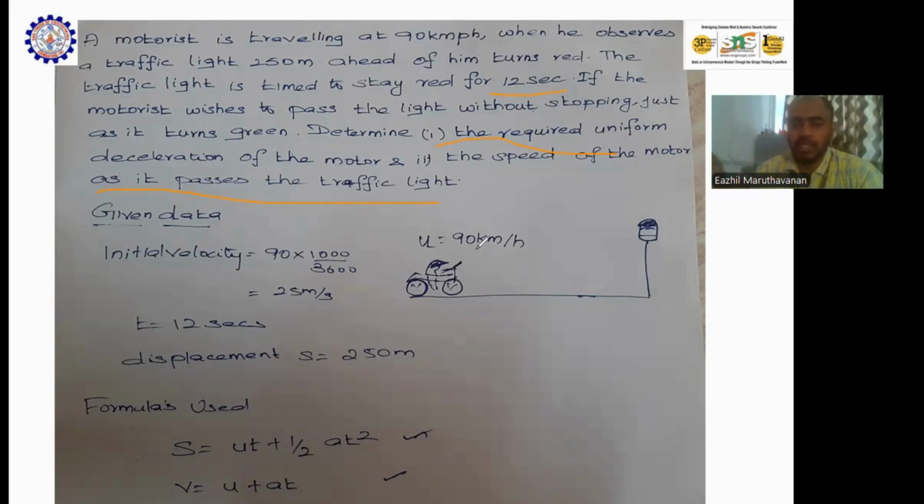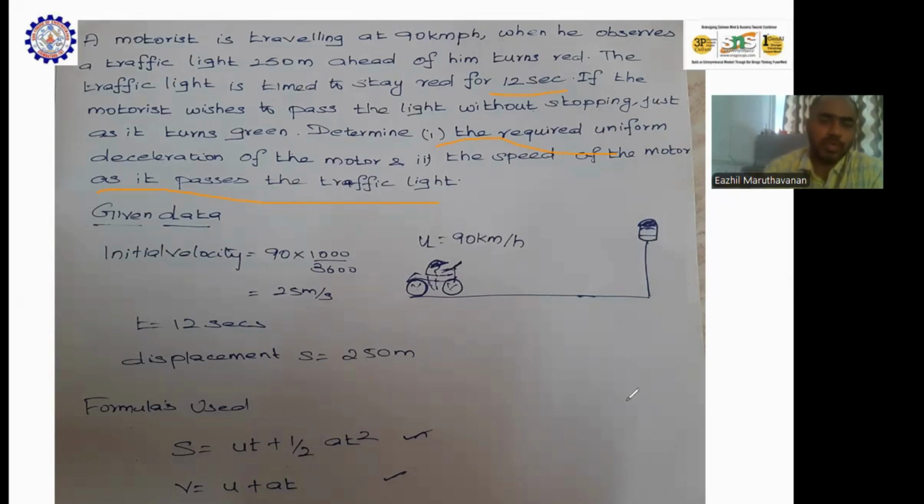In some cases, we have to slow down the vehicle to match the time required to pass the signal. Here, it is already red, and to pass without stopping, the signal needs to change to green. So the time duration for the signal to change is 12 seconds.